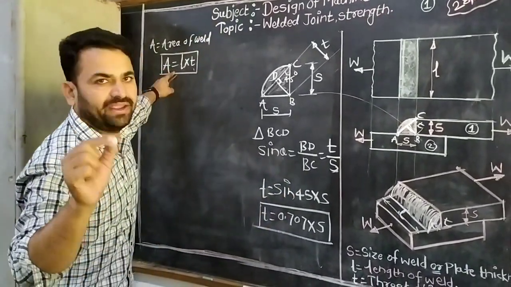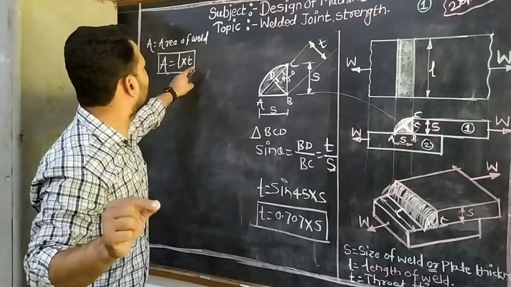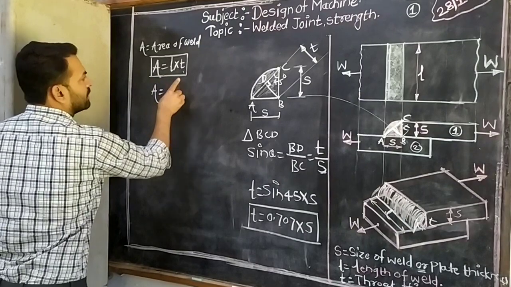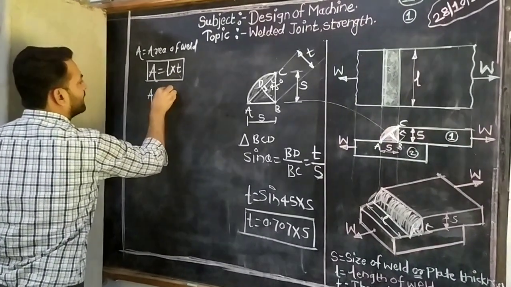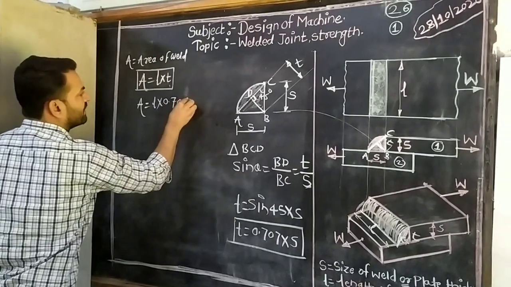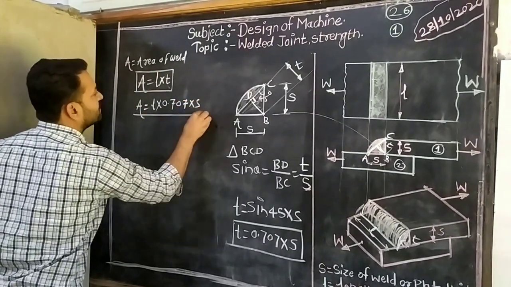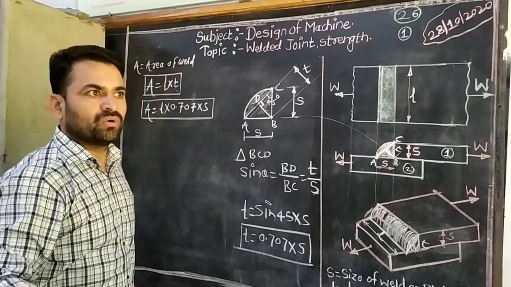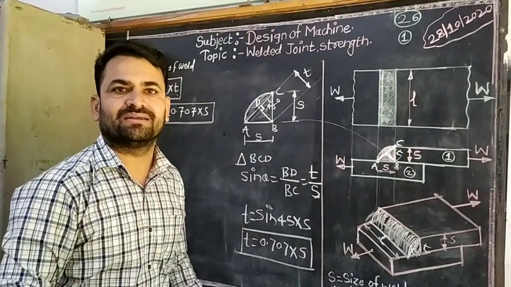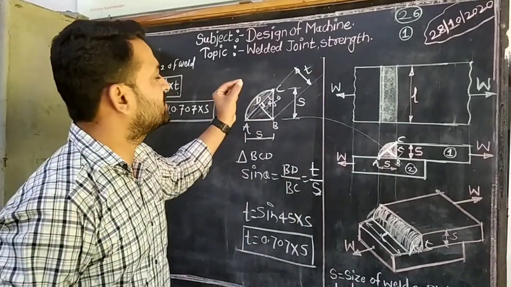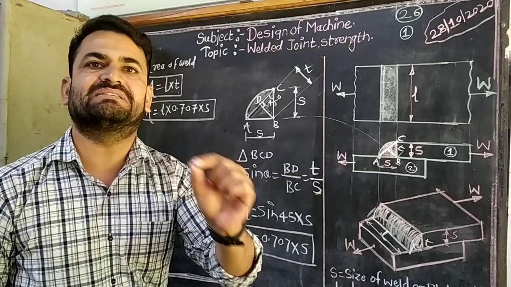Now we have this equation: area will be equal to length into thickness. So the area of the weld will be equal to L multiplied by 0.707 multiplied by S. This is the area of weld. Now to find the strength of the weld, in the case of a transverse fillet weld, this is designed on the basis of tensile strength.